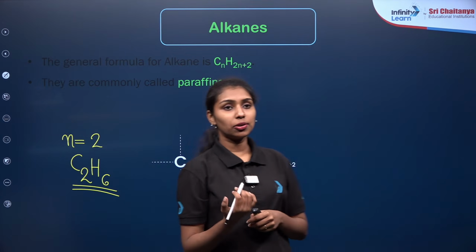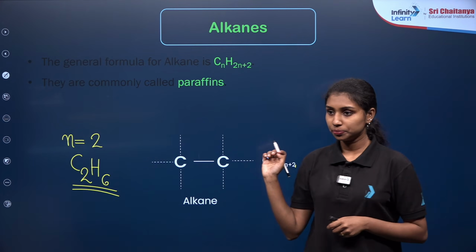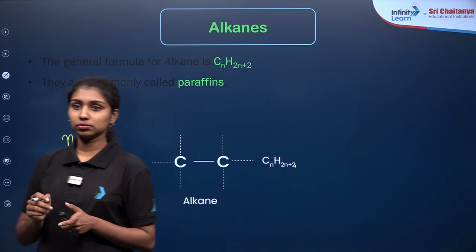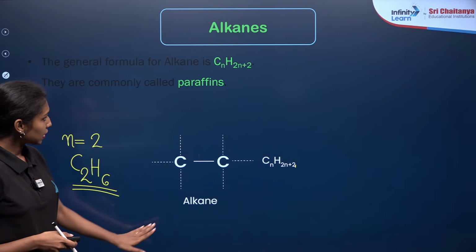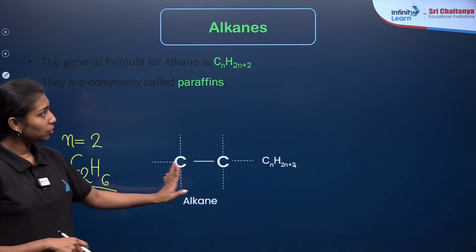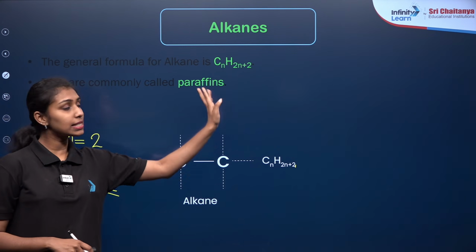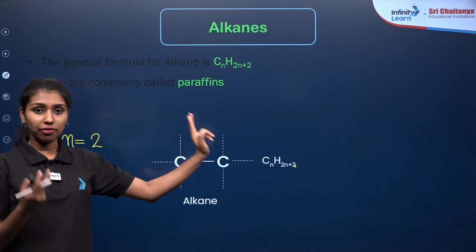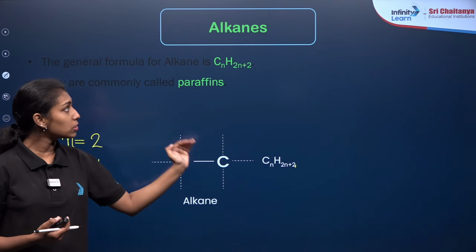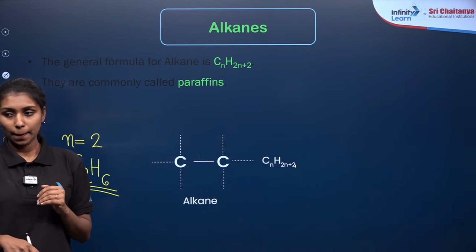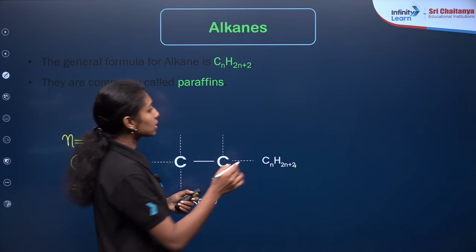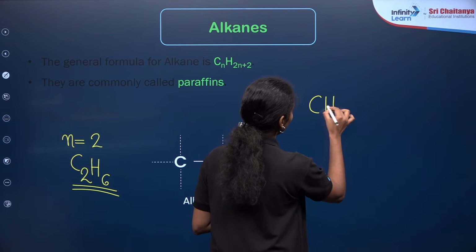Is that clear? How to write down the general formula of a compound? So this is the general structure for the alkane. Single bonds are present. CnH2n+2 is the general formula. Depending upon the n values, you will get different carbon compounds in the alkane series, right? The first alkane will be methane.